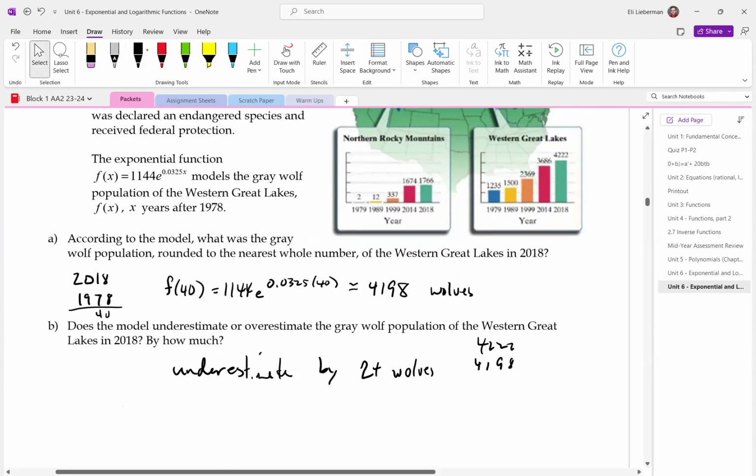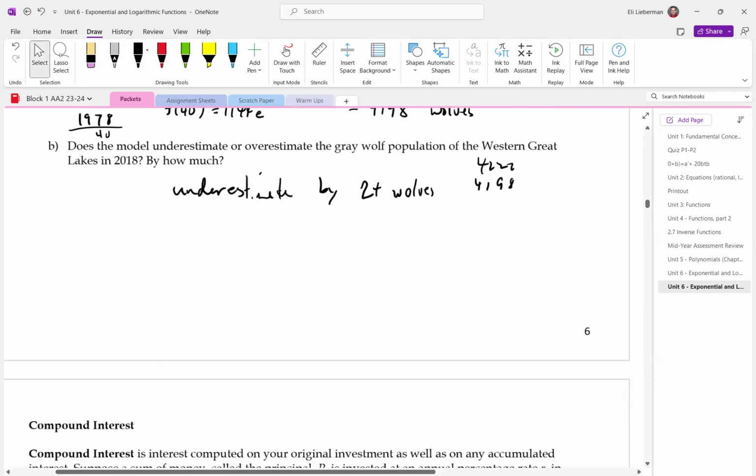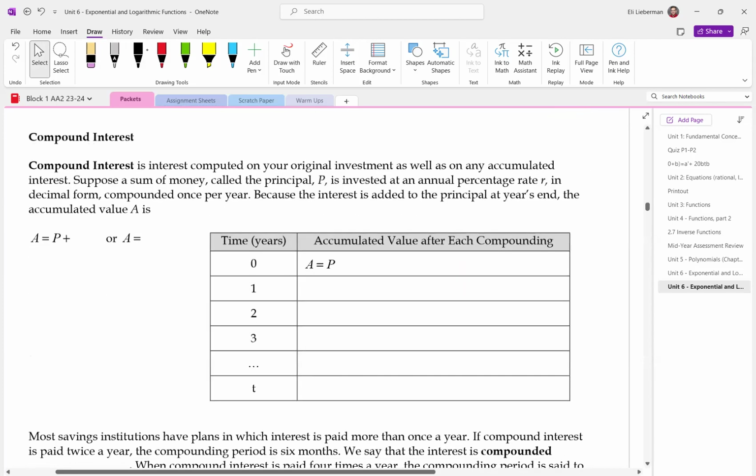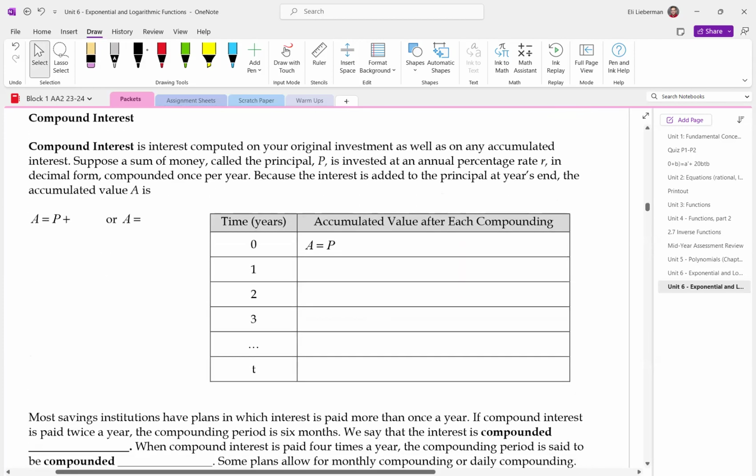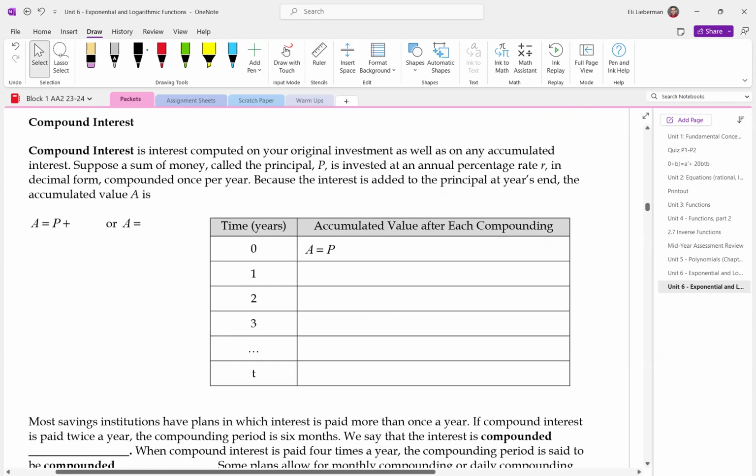Again, population is a huge application for e. Compound interest. Would you please discuss what you know about compound interest from your previous classes?